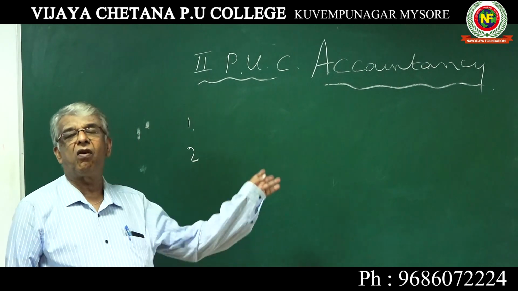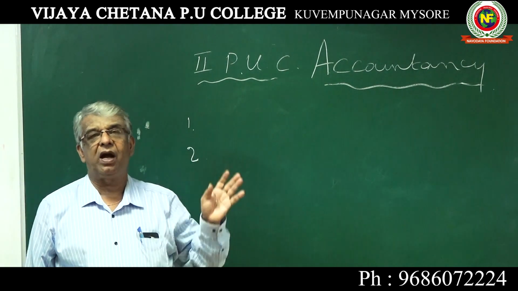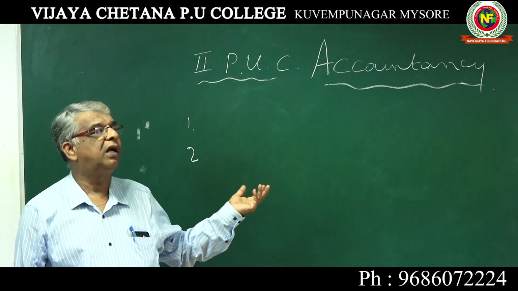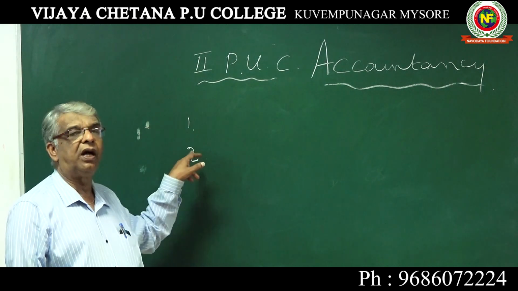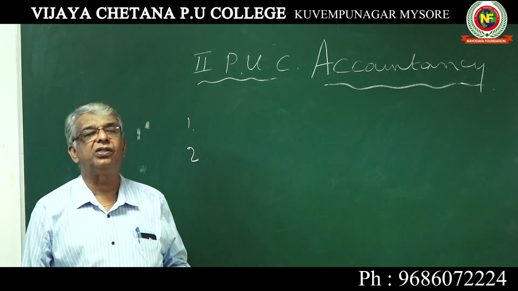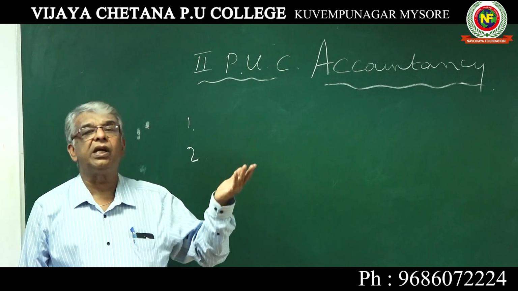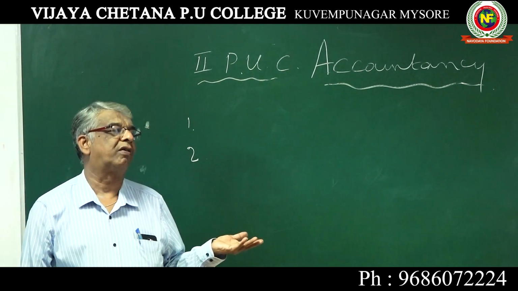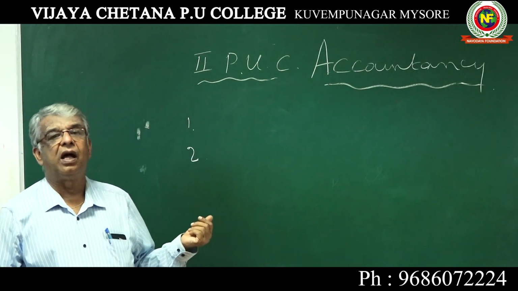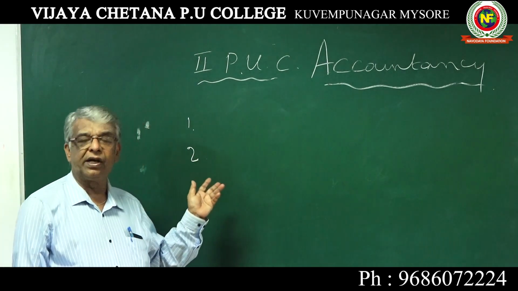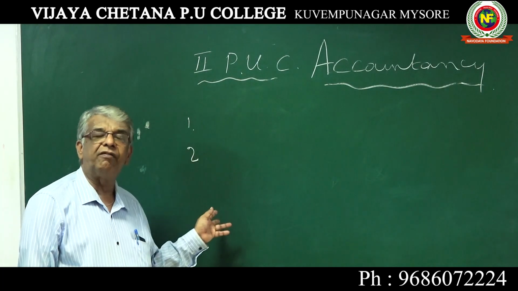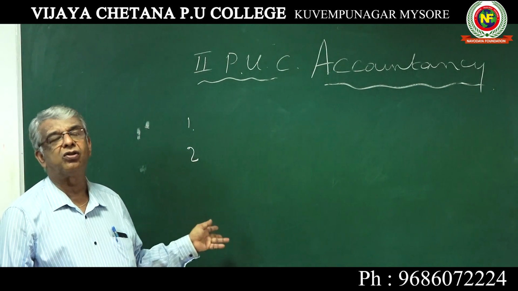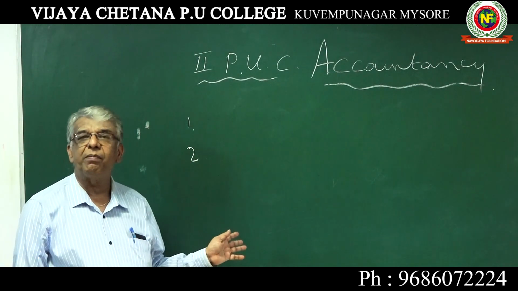In accounting for partnership, we have the basic concepts, and after basic concepts, reconstitution on admission of a partner, and then reconstitution on retirement and death of a partner. After this we have one more chapter in partnership, that is dissolution of a partnership firm.